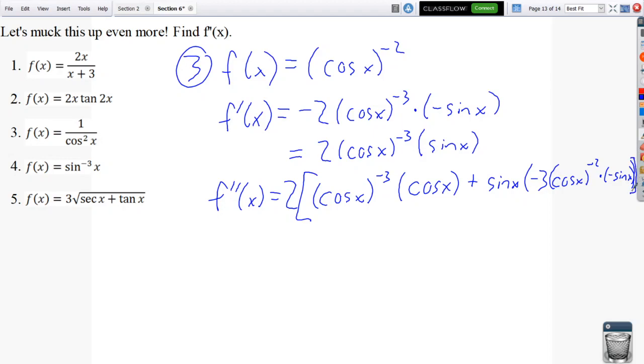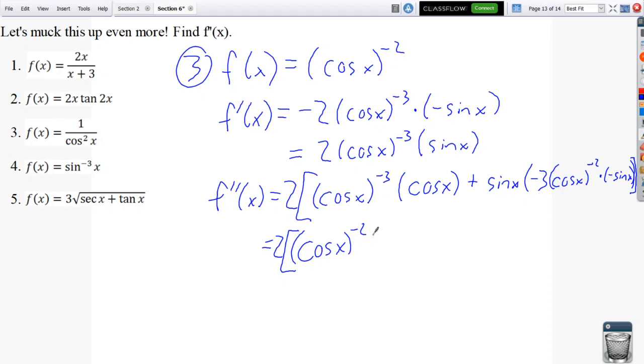Whew, that looks ugly, doesn't it? Well, we can fancy it up a little bit. We've got 2 times a quantity. Looking here, I've got cosine to the negative third and cosine of x. Since I have the same base, I can add exponents. Negative 3 and 1 gives me cosine of x to the negative second.